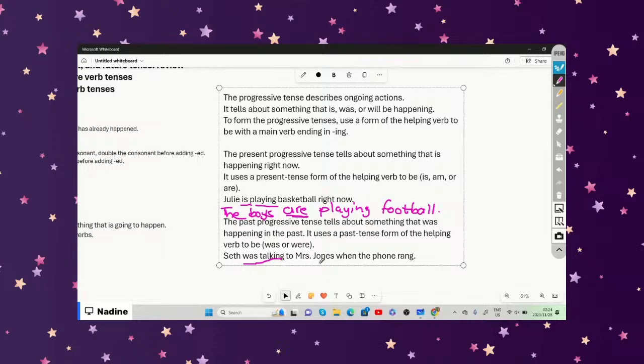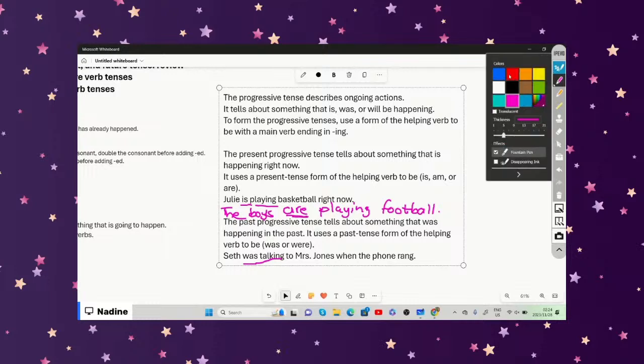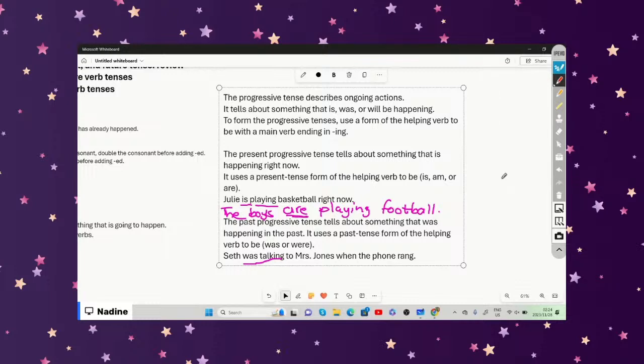If we want to make an example of were, so if we were to repeat the sentence, we can say the boys, because it refers to more than one boy, were. Oopsie, was is correct, were is incorrect here. So were.